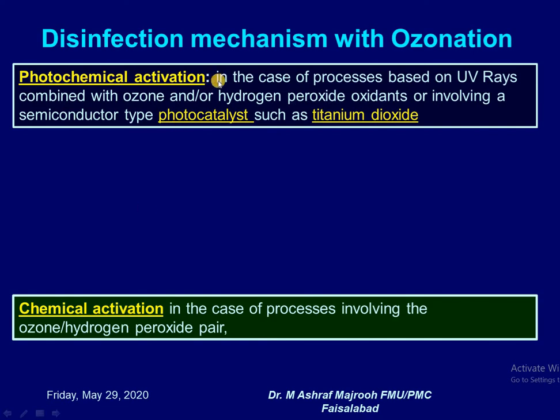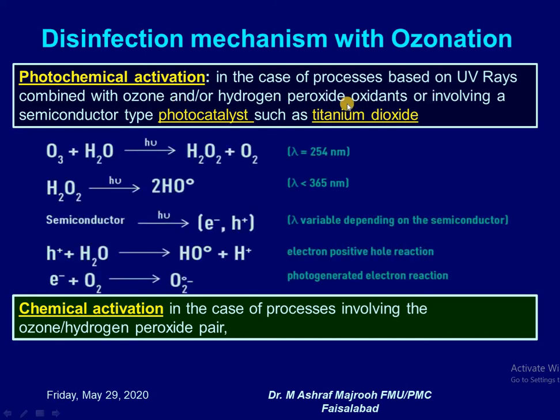The photochemical activation is a process based on UV rays combined with ozone or hydrogen peroxide, involving a semiconductor type of photocatalyst such as titanium dioxide. So this photochemical activation involves both the UV rays and the hydrogen peroxide. So here is the chemical reaction.